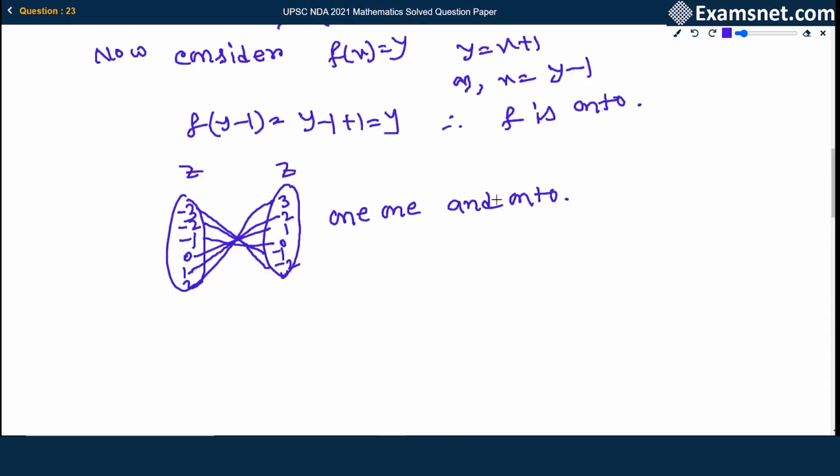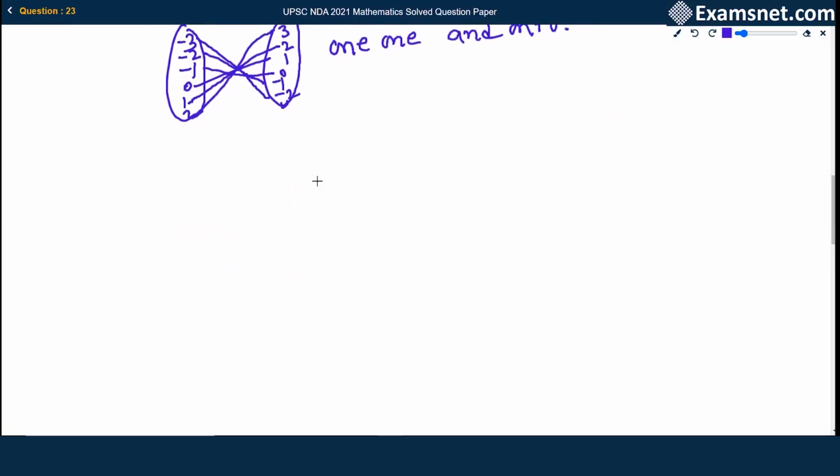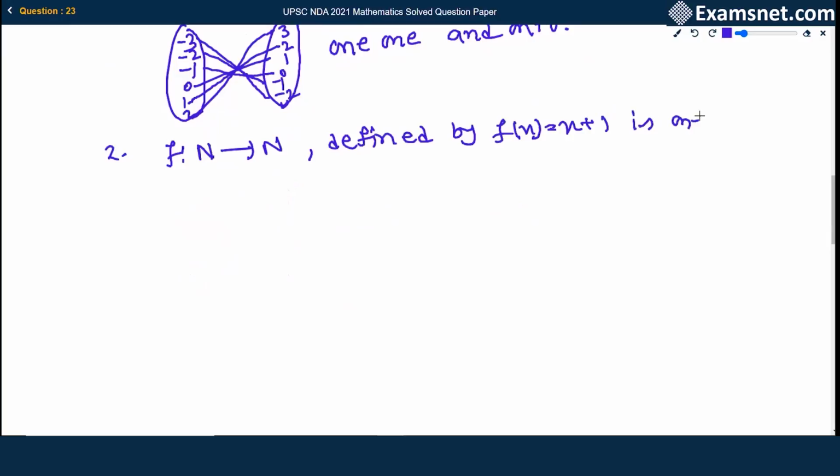Okay, so statement 1 is correct. Now let's check statement 2. A function defined from the natural number set to the natural number set, defined by f(x) equals x plus 1, is 1-1 but not onto. Okay, so let's calculate.